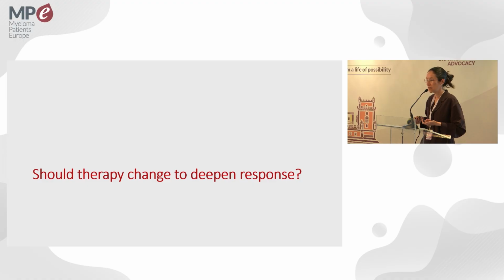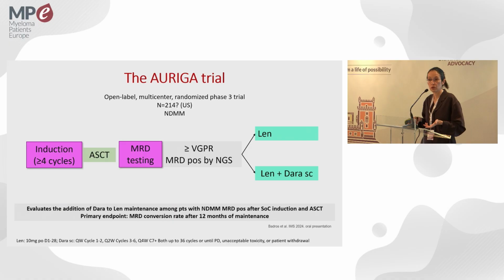The first one: could we use MRD to deepen the response and improve the results of the patients? This is the Auriga trial. Patients that did not achieve MRD negativity after transplant were randomized to receive Len-Dex or Dara-Len.